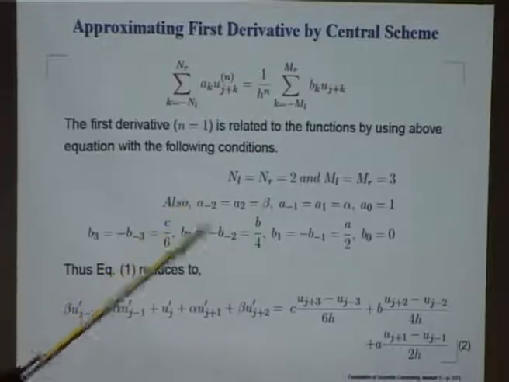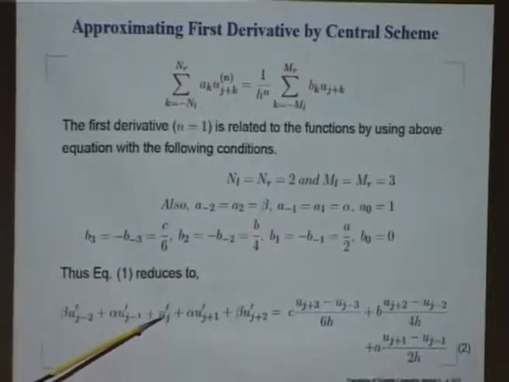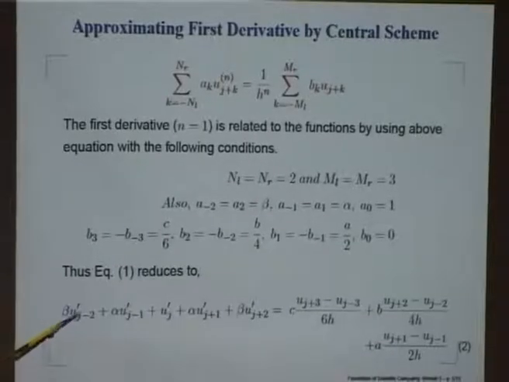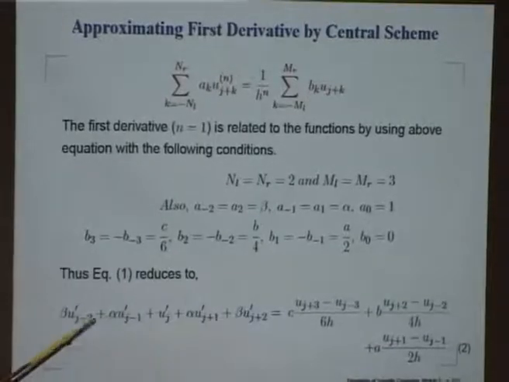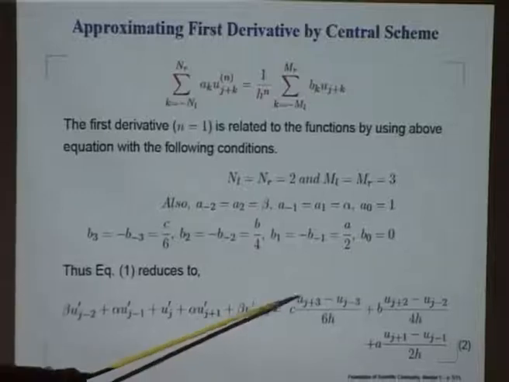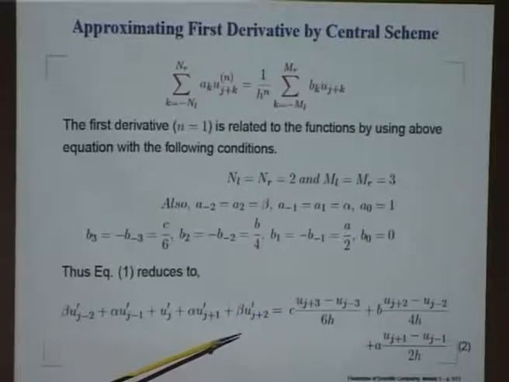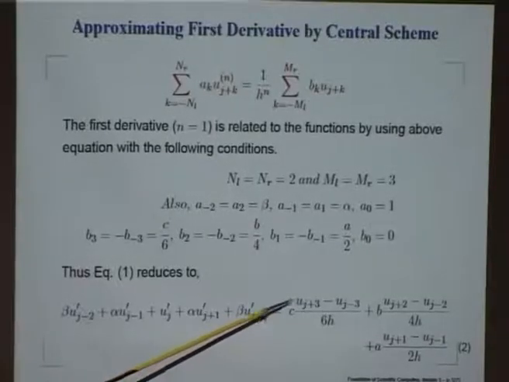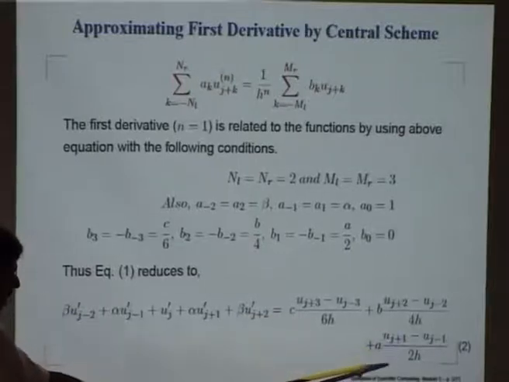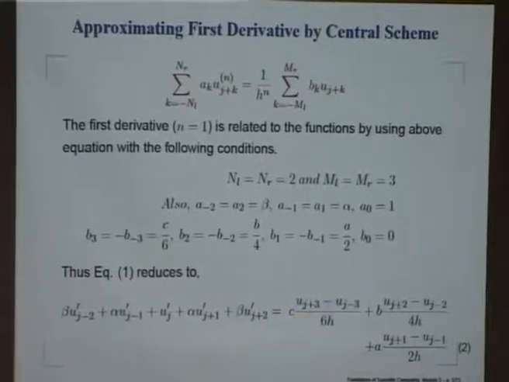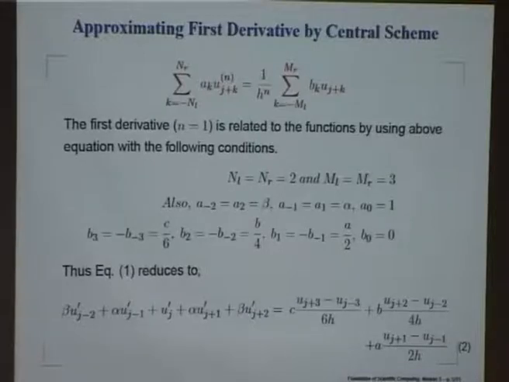So if we are looking at uj prime, we take 2 points to the left and 2 points to the right on the left hand side, and when we try to relate the functions, what we have written down here involves 7 points, right? Plus 3 to minus 3, including uj, that will be 7 points. So this is one of many possible ways that one can approach this problem.